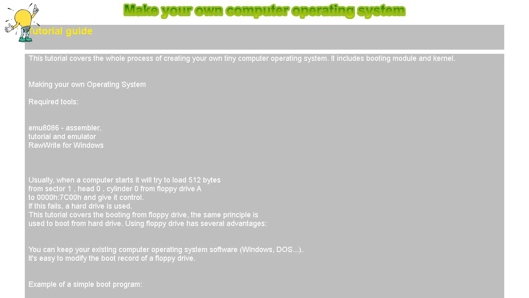Example of a simple boot program: directive to create boot file, #make_boot. Boot record is loaded at 0000:7C00, so inform the compiler to make required corrections: org 7C00H. Load message address into SI register: MOV SI, message.